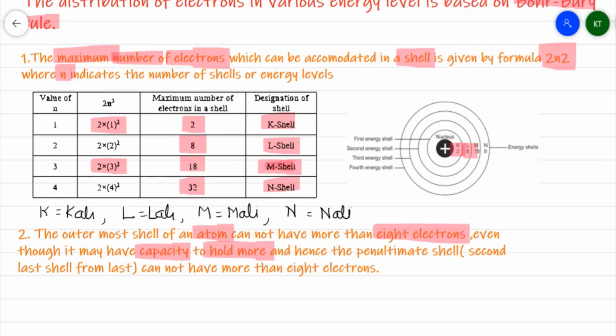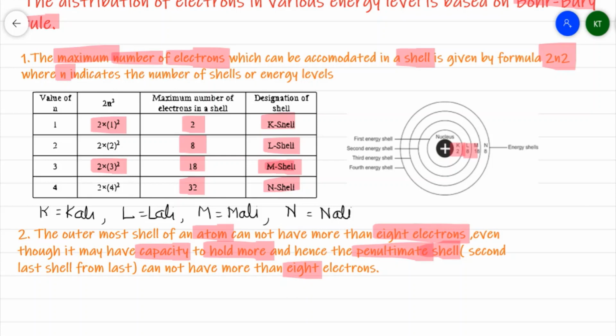Hence, the penultimate shell, which means the second last shell, cannot have more than 8 electrons in its valence shell either.